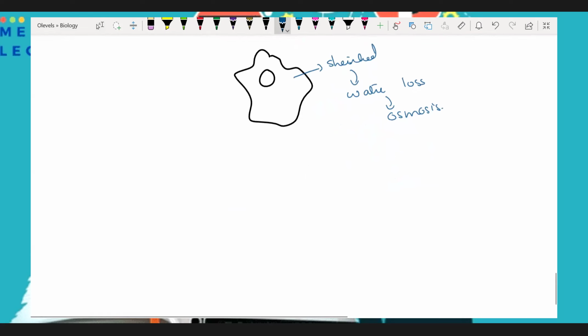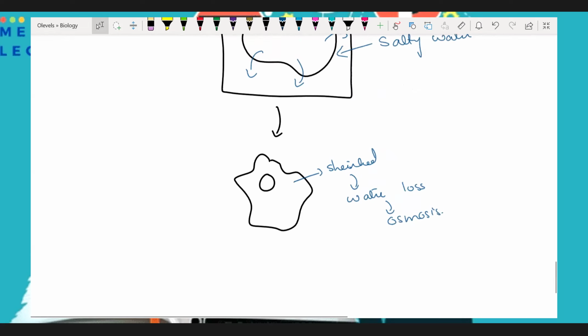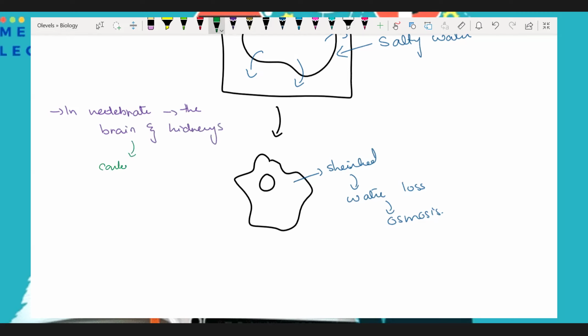Okay, now that is just for your information that in vertebrates, the brain and the kidneys are responsible for controlling the concentration of body fluids.